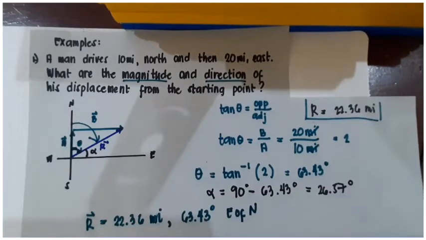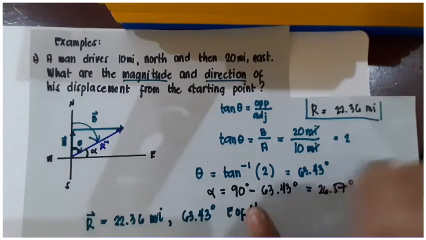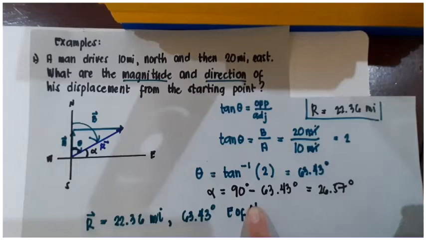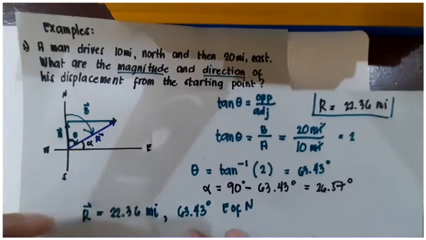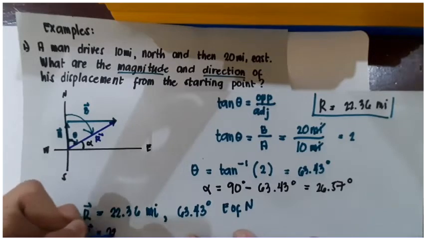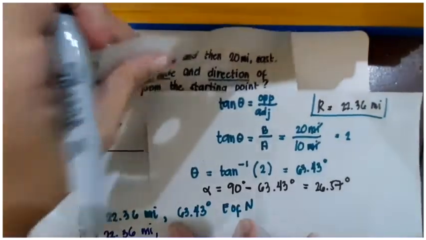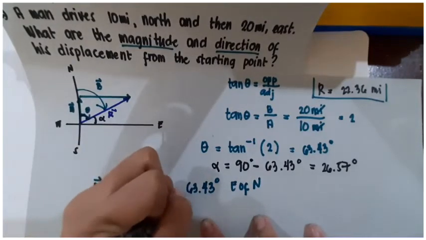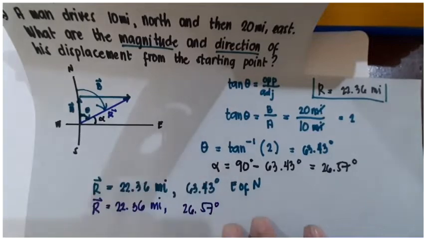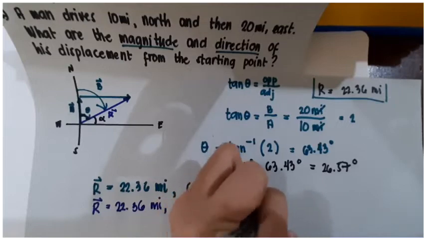Or you can use this one, what we solved where we subtracted from 90 degrees. You can have it as R is equal to 22.36 miles, 26.57 degrees north of east.